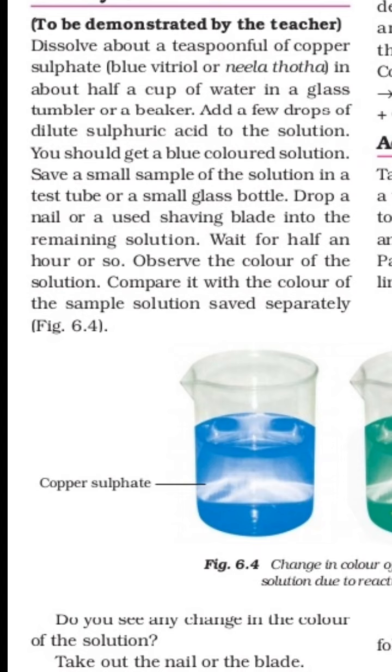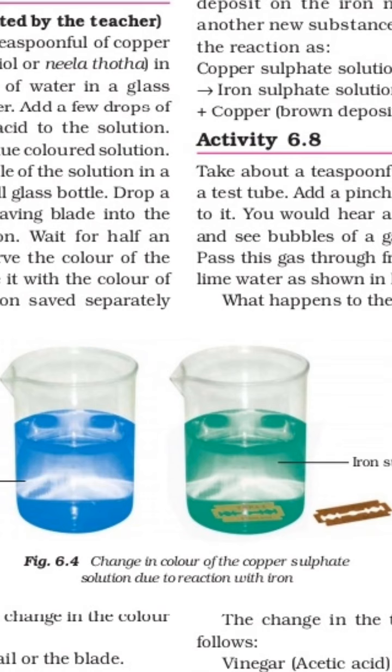In the remaining solution we have to put the nail or the shaving blade, and wait for half an hour or so, maybe half an hour or 1 hour, and observe the color of the solution. When we observe the color of the solution, it turns greenish in color. Compare it with the color of the sample solution saved separately.